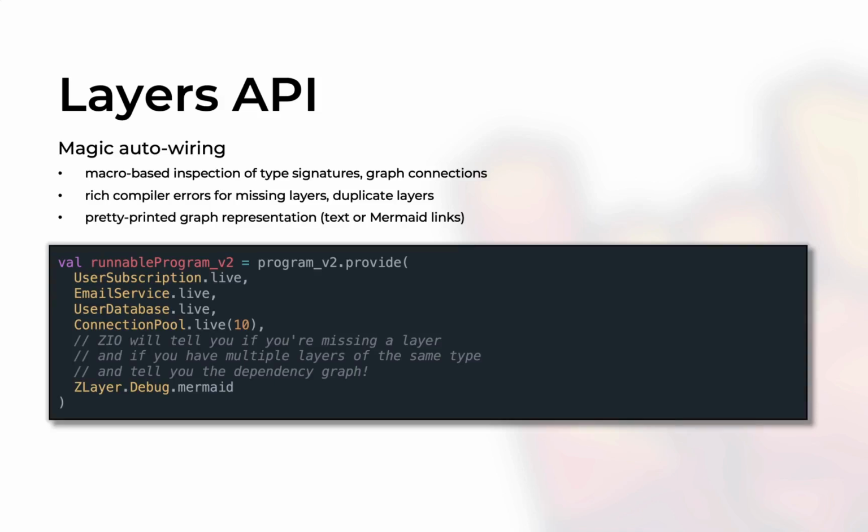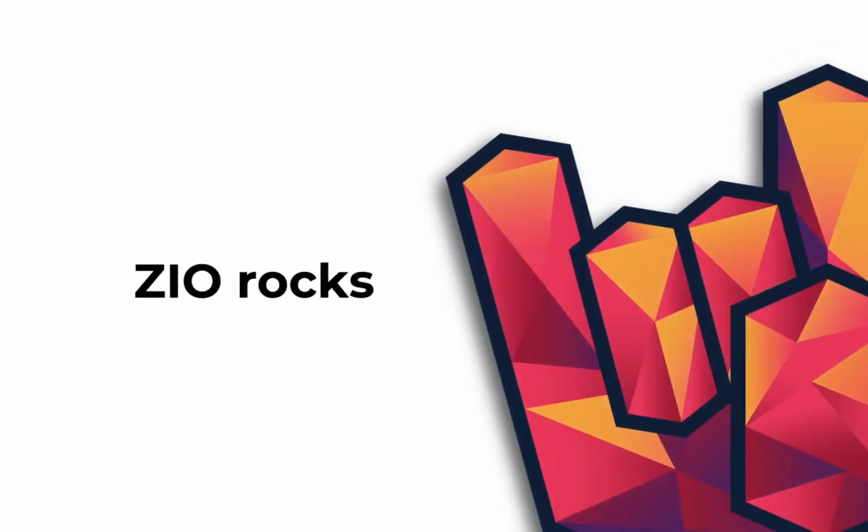And this is macro-based, which means that there is a native Scala 2 and native Scala 3 macro functionality in ZIO with some rich compiler errors if you are missing layers or if you duplicate layers. You can also do a pretty printed graph representation to the console or as a mermaid link in some pretty interesting diagrams. So that is everything that you need to know about ZIO with ZLayers. Join me in the next big lesson.